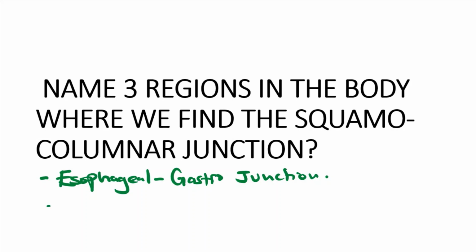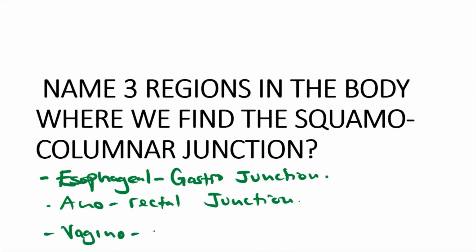The anorectal junction, when you're transitioning from the anal canal into the rectum. And then you've got the cervical vaginal junction, when you're transitioning from the vagina to the cervix.